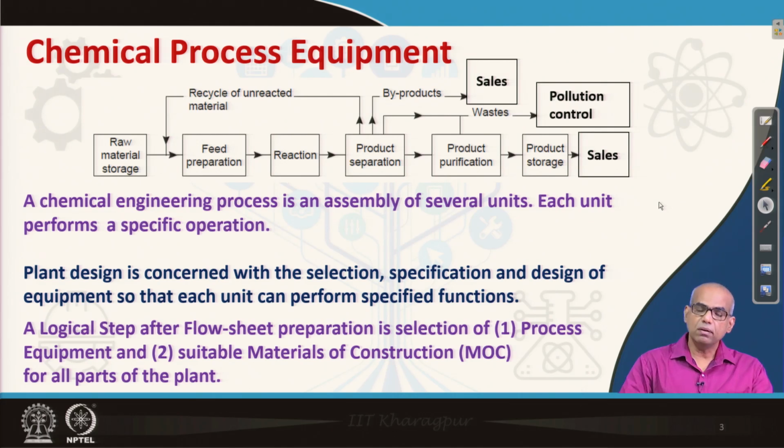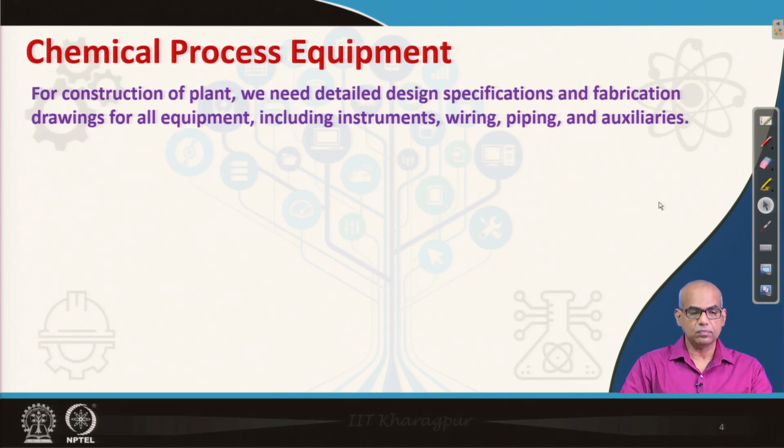Once you have prepared the flow sheet diagram, the logical step after that will be the selection of process equipment and suitable materials of construction for all parts of the plant. For construction of plant, we need detailed design specifications and fabrication drawings for all equipment including instruments, wiring, piping and auxiliaries. So, we need to have very detailed design specifications for all equipment and auxiliaries.